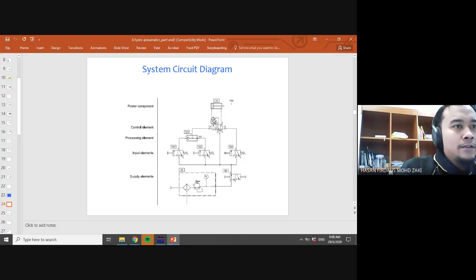The control element is used to control our power component, which is a cylinder. You can see this 1A, A for the actuator. You can also see 1S3 here, which is a switch. We'll go into more detail on that.